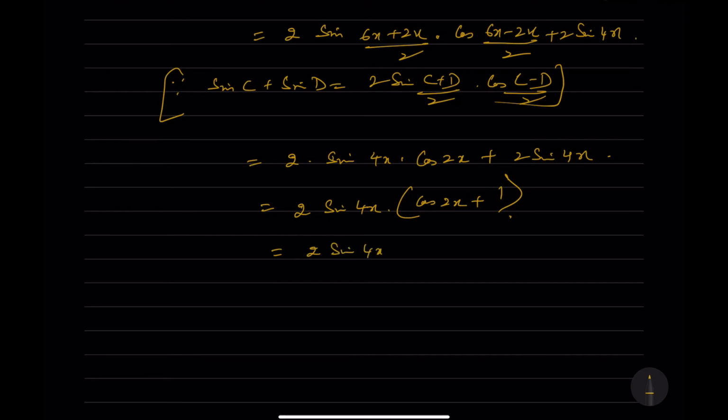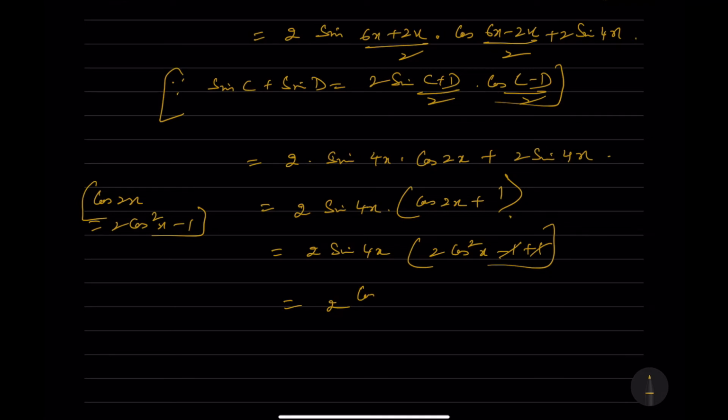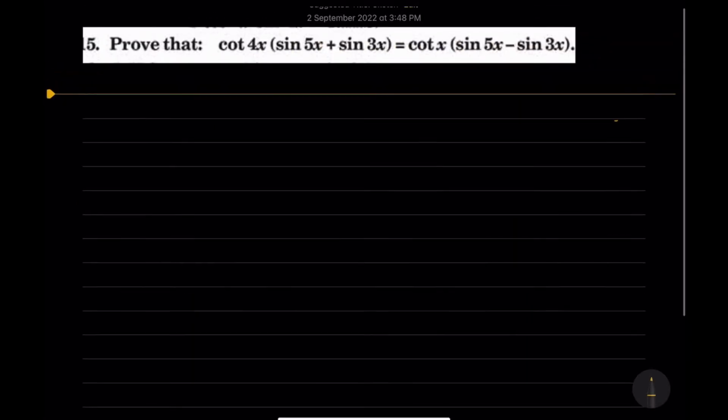Now this can be written as 2 sin 4x into (2 cos square x minus 1 plus 1), since cos 2x is equal to 2 cos square x minus 1. So therefore this is equal to 2 sin 4x into 2 cos square x, which is 4 cos square x into sin 4x. This will be the answer, which is equal to RHS. Hence proved.